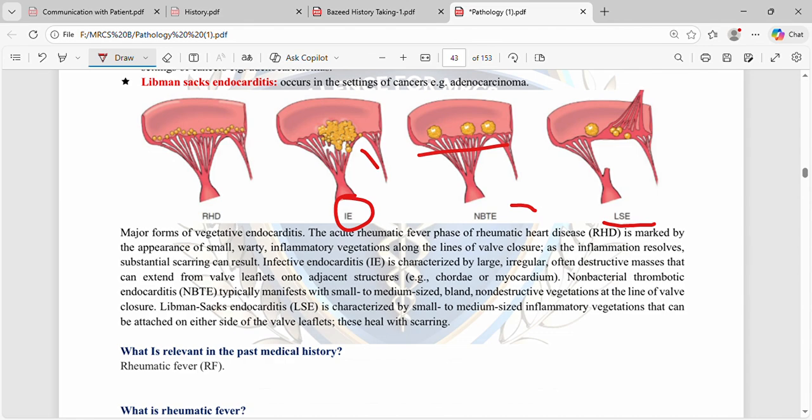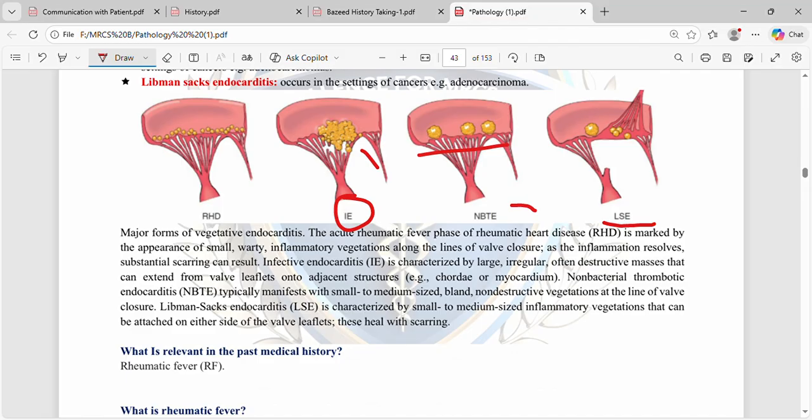So I will go through major forms of vegetative endocarditis. The acute rheumatic fever phase of rheumatic heart disease is marked by the appearance of small, warty, inflammatory vegetations along the lines of valve closure. As the inflammation resolves, substantial scarring can result. Infective endocarditis is characterized by large, irregular, often destructive masses that can extend from valve leaflets into adjacent structures, such as chordae or myocardium.